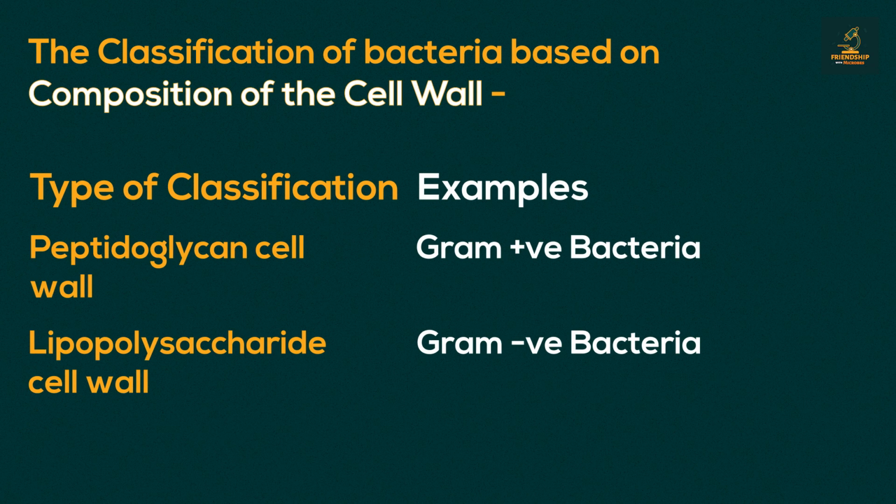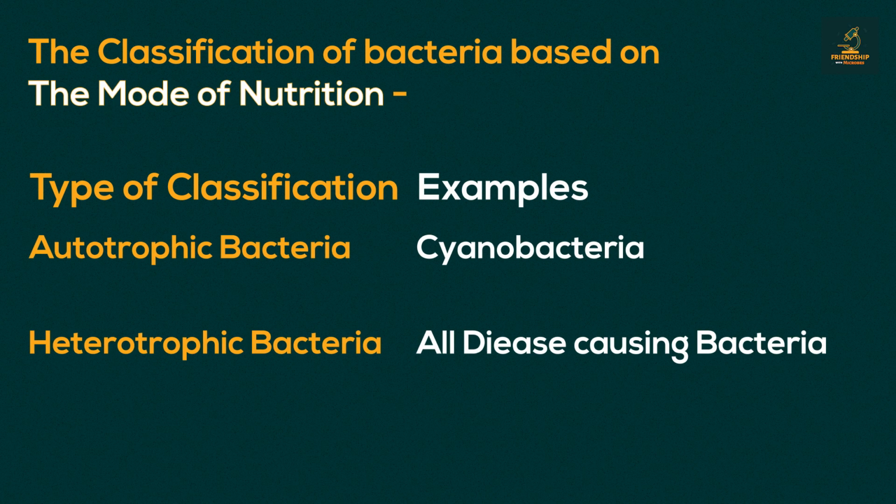Number 2 is classification of bacteria based on the composition of the cell wall. There are 2 main types of bacteria, gram-positive bacteria and gram-negative bacteria. Gram-positive bacteria have a peptidoglycan cell wall and gram-negative bacteria have a lipopolysaccharide cell wall. Number 3, classification of bacteria based on the mode of nutrition.